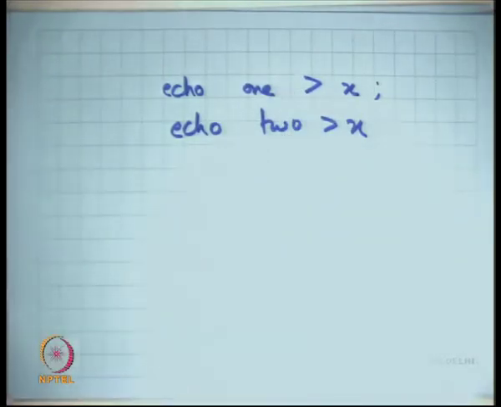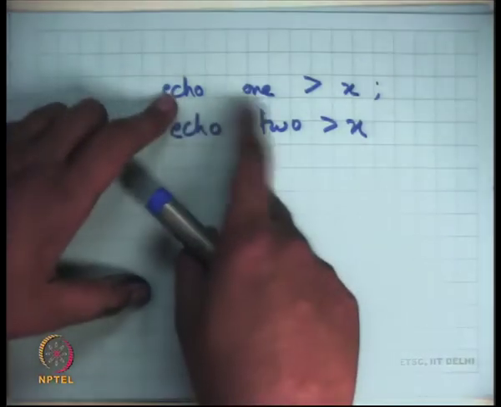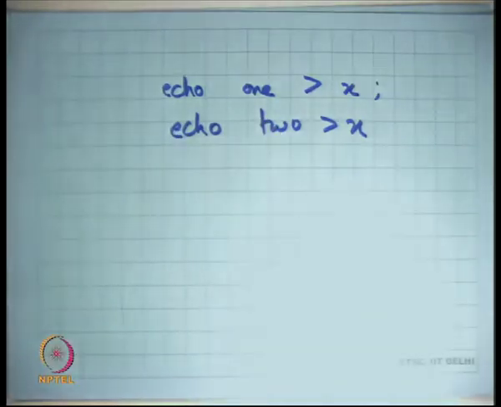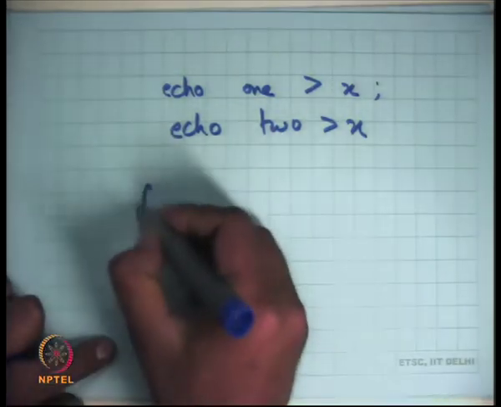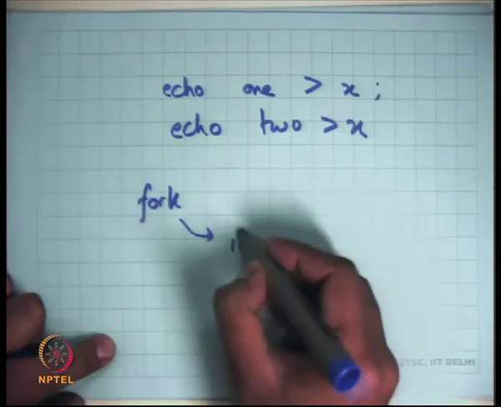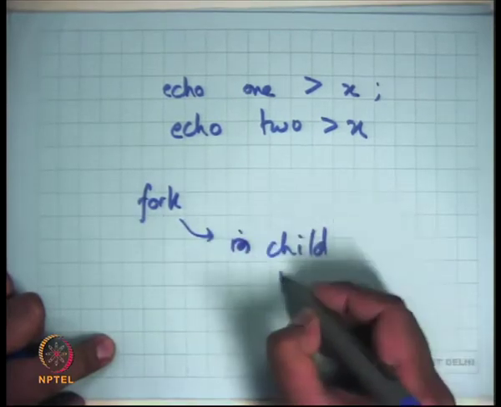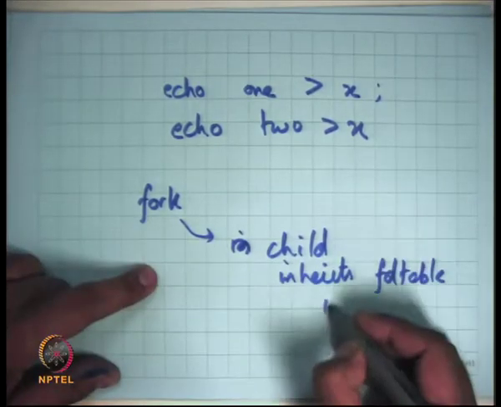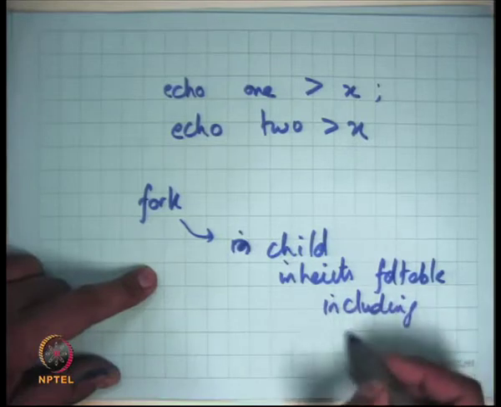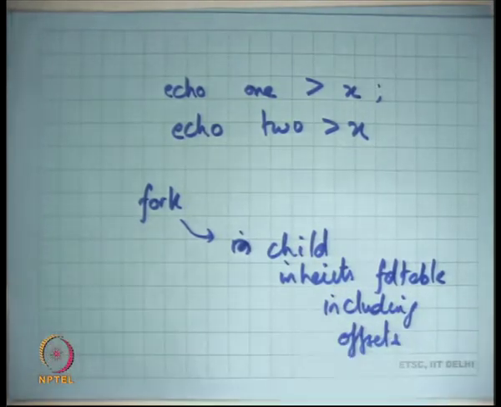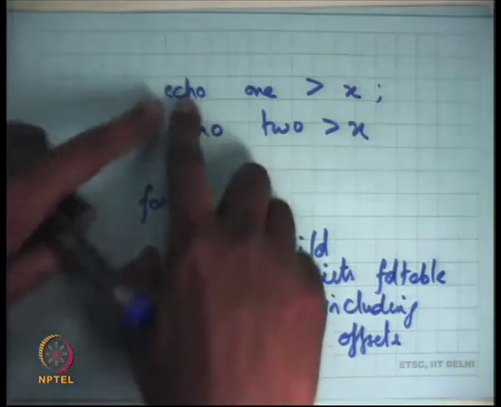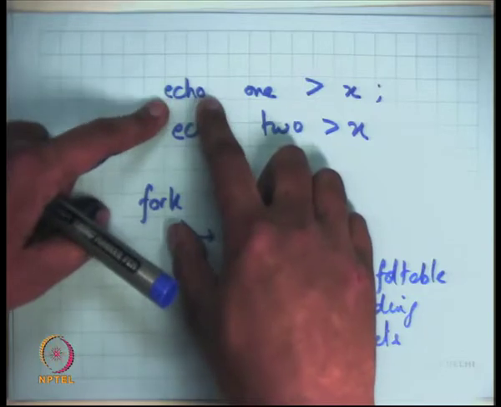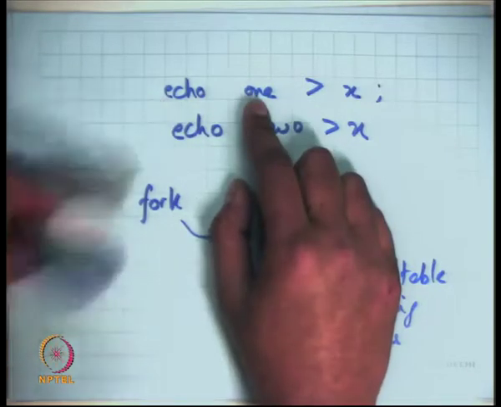If you had explicit offsets, they would end up overwriting each other, because each program will not know. Recall that when you fork, the child inherits the fd table, which includes the offsets. So in this case, the parent is going to fork a process which is going to execute the command echo. Echo is an executable, and it's going to write something to the file.